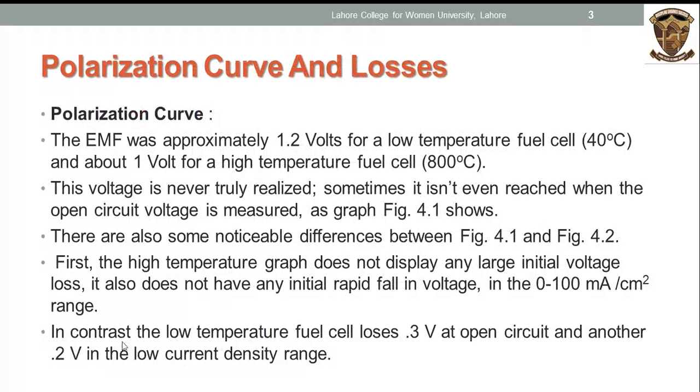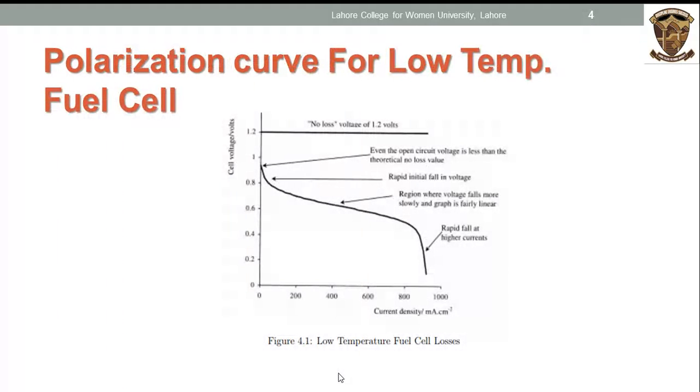So it is described here that the high temperature graph does not display any large initial voltage loss. It also does not have any initial rapid fall in the voltage in the 0 to 100 milliampere per centimeter square range. In contrast, the low temperature fuel cell loses 0.3 volt at open circuit and another 0.2 volt in the low current density range. Like here is the low current density range, so there is a loss, right?